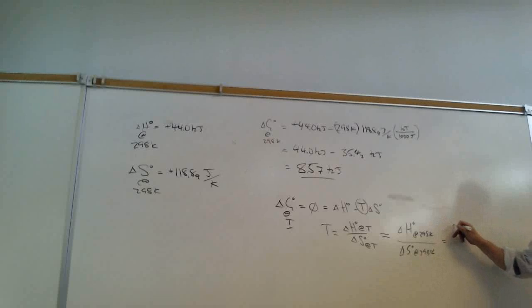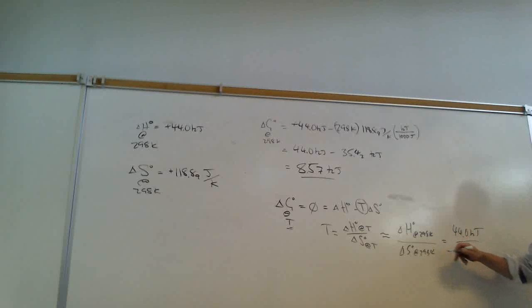So delta H naught is 44.0 kilojoules. Delta S naught is 118 divided by 1,000. So this comes out to 0.1189 kilojoules per Kelvin.